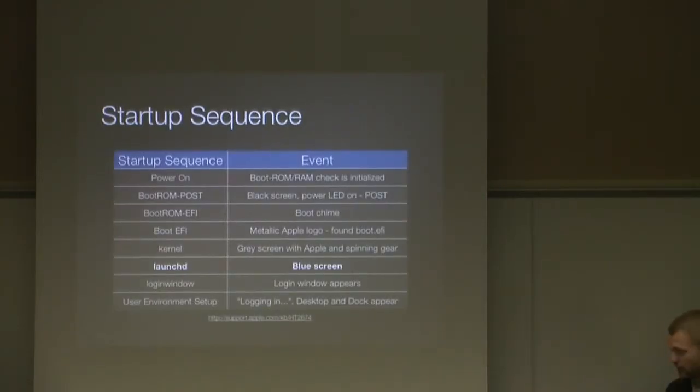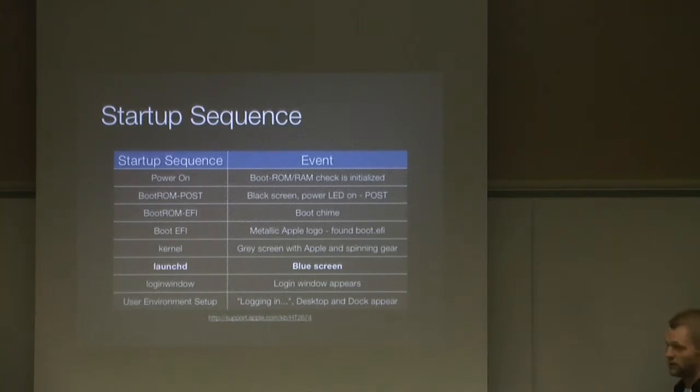So first I wanted to quickly go over the startup sequence for a successful startup of a Mac, and just show you how important Launchd is. So first, when your Mac powers on, you hit the boot ROM, you POST, you hear the boot chime, you get to the EFI stage, where you see the gray Apple logo, and then you start seeing the little gray spinner underneath the Apple logo.